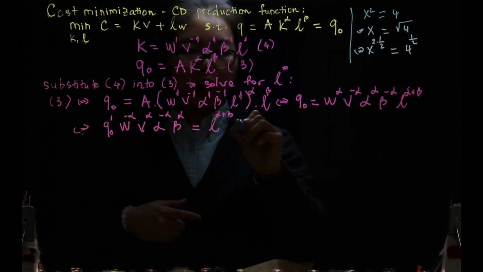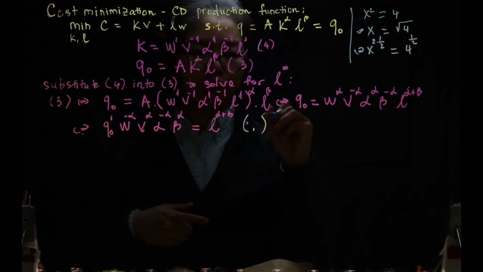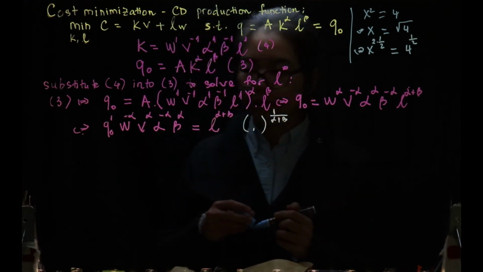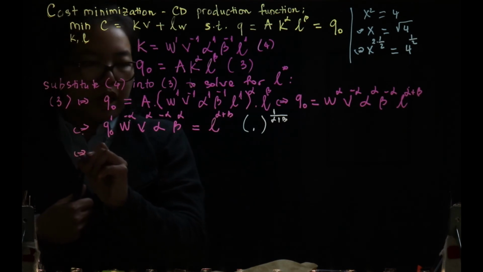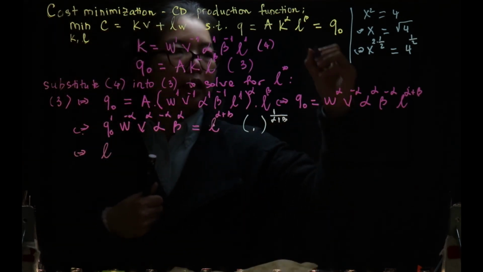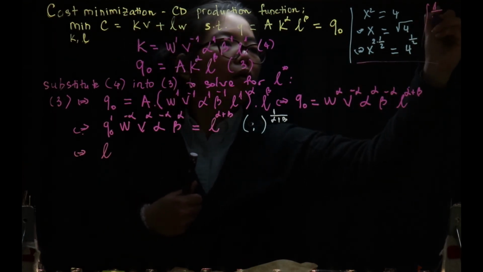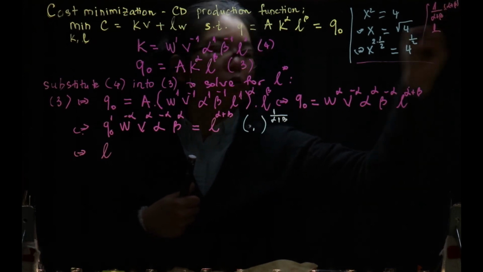So what we have to do is raise it to the power of 1 over alpha plus beta, the inverse, right? Therefore, what we would have is L, if you take 1 over alpha plus beta times alpha plus beta, that is 1, right?